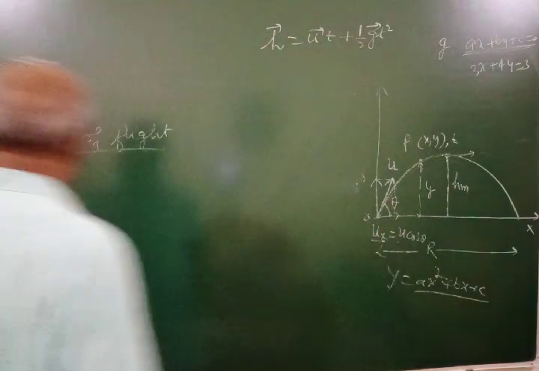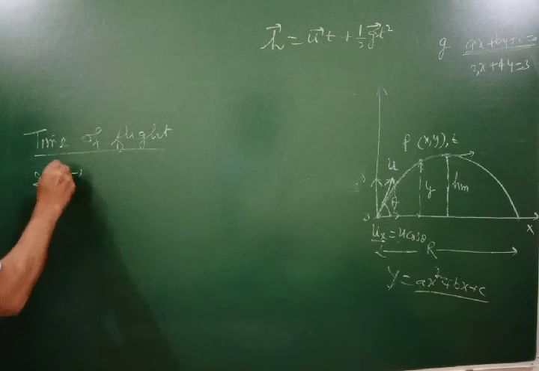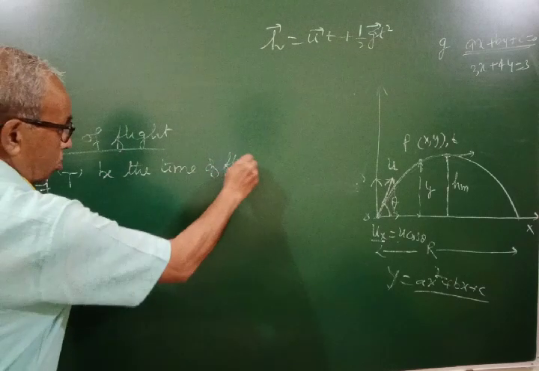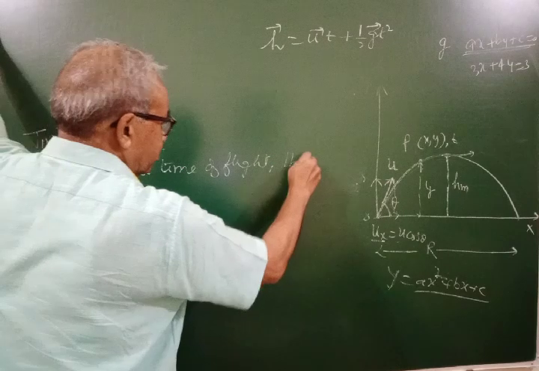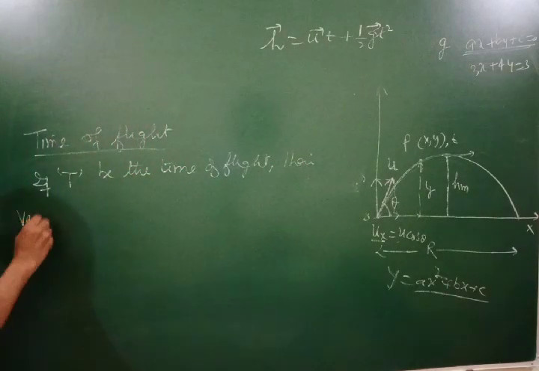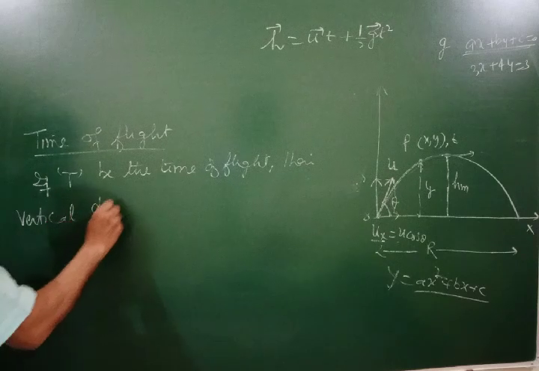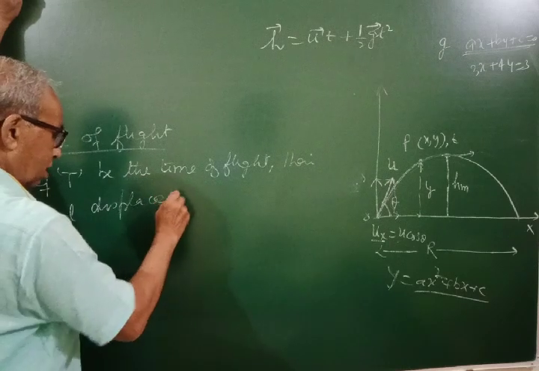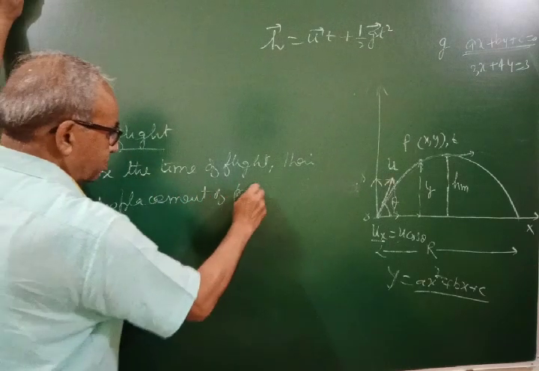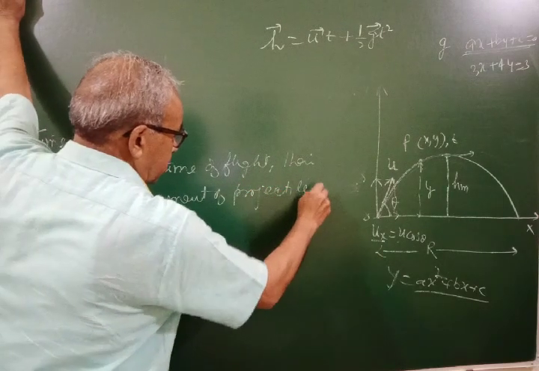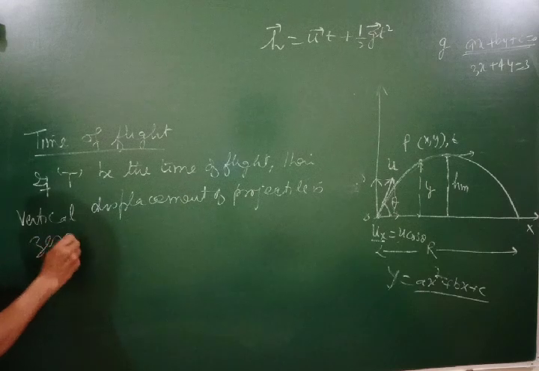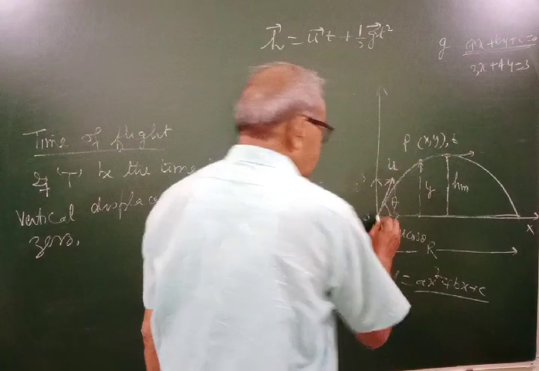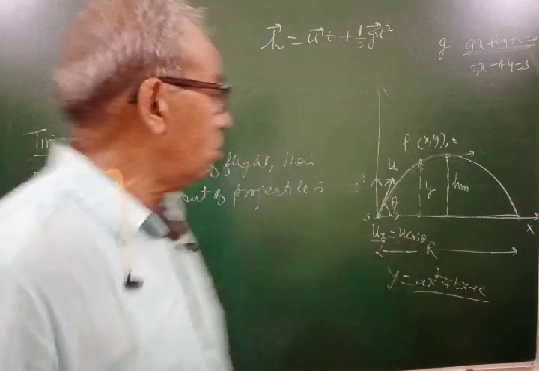But in this case, if capital T is the time of flight, then the vertical displacement of the projectile is 0. You understand? Horizontally it is displaced by distance r, but vertically it starts from the ground and finally falls on the ground.